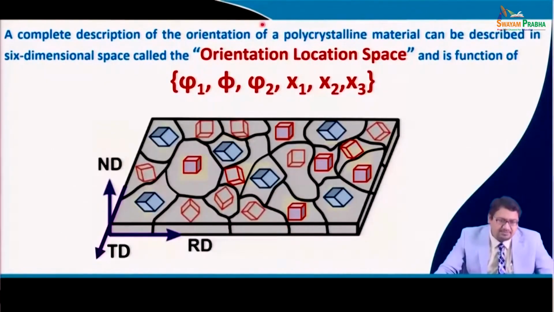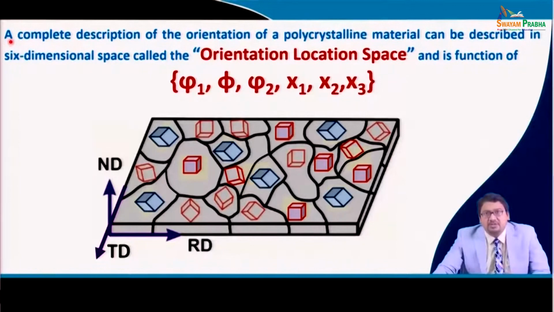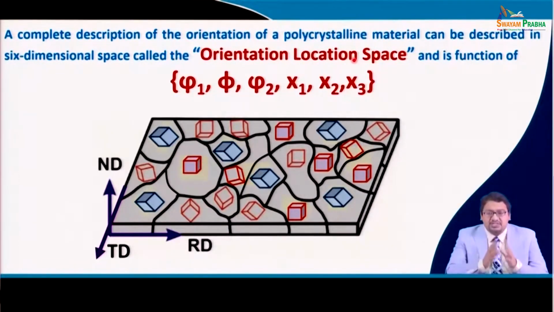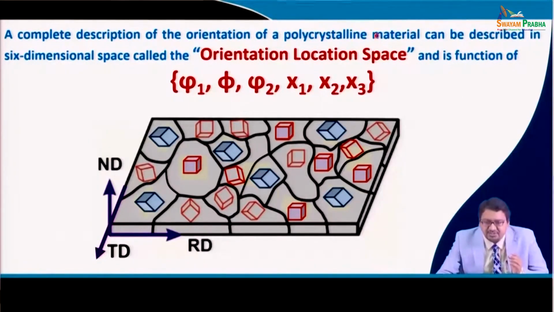So, you see, in order to obtain a complete description of the orientation in a polycrystalline material, it has to be described in terms of 6-dimensional space, and this is basically known as the orientation location space.